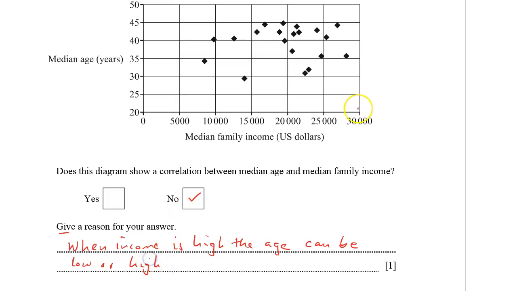So there's no correlation there. You can see for income of around 22 or 23, the age is around 30. The income of around 25 can be 35, can be 43, and so on and so forth. So there's no correlation at all here.